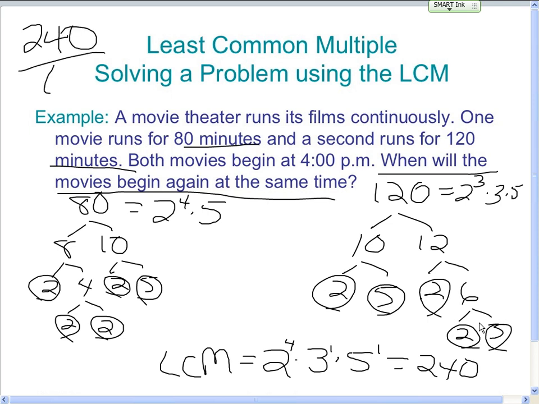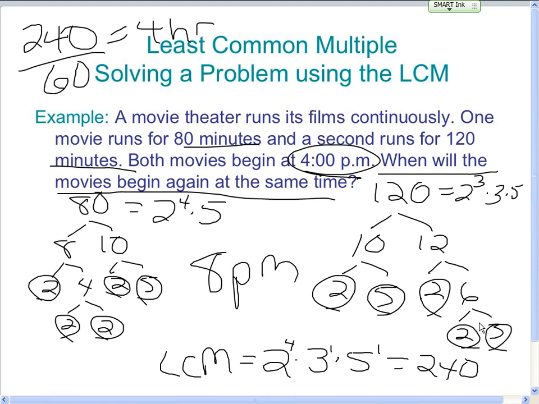So divide that by 60, and that's 4 hours. But that still doesn't tell me the answer to the question. It says, when will the movies begin again? So if they started at 4 p.m., 4 hours later would be 8 p.m. 8 p.m. would be the answer. Make sure you answer the question that it's asked.